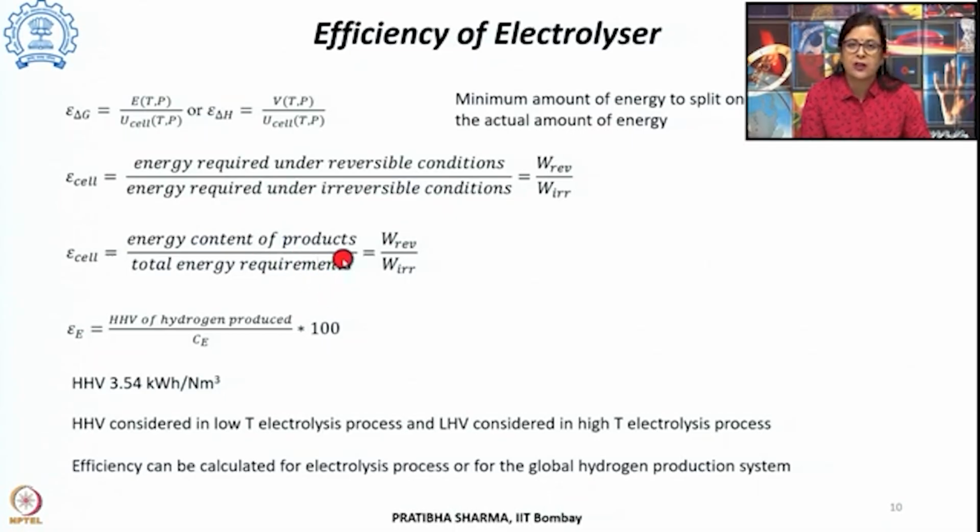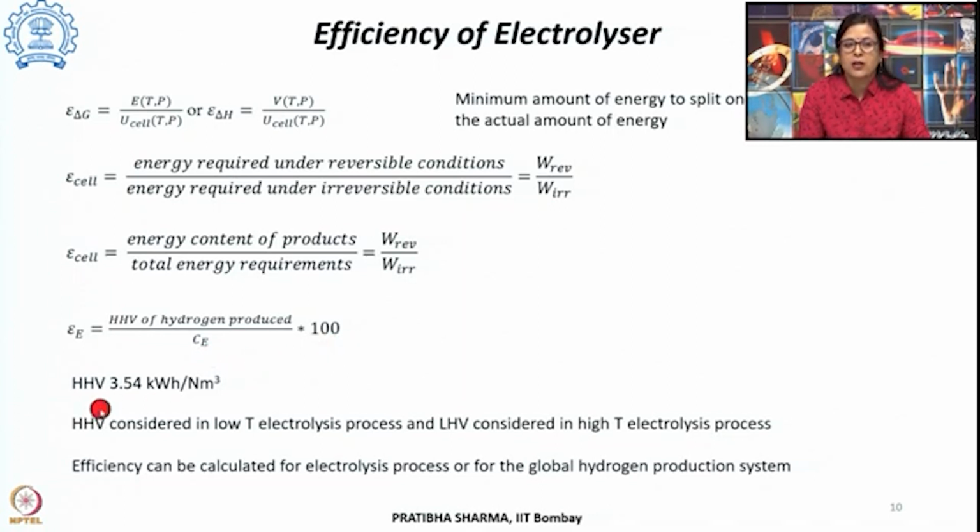So the products formed are here hydrogen and oxygen, and the amount of energy which is required to produce these products. This can be given by the higher heating value of hydrogen being produced. So the amount of hydrogen which is being produced, its higher heating value divided by the specific energy consumption in the process into 100.